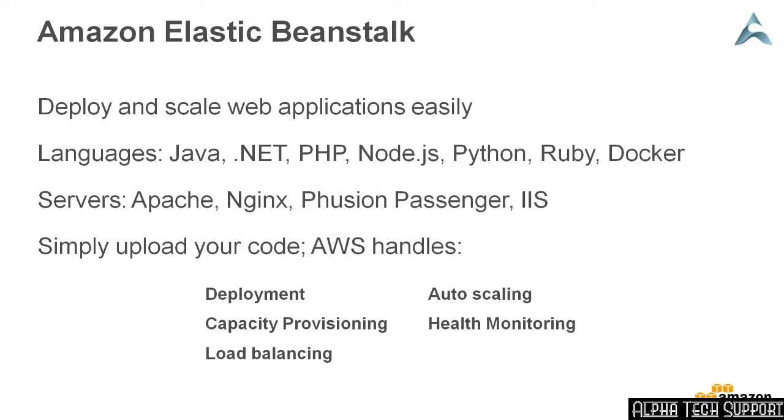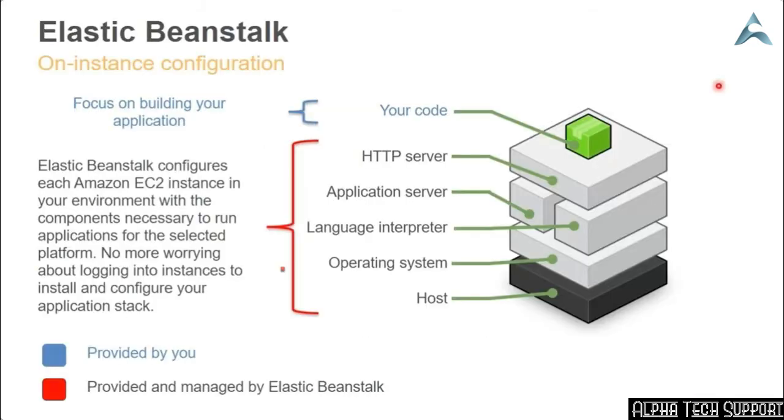So how it is configured: this is a simple architecture of Beanstalk where host, operating system, language interpreter, application server, and HTTP server are managed by Amazon EC2 or AWS. You don't need to focus on these things. You just need to focus on your code and it gets deployed easily, and the rest of the other things are managed by Beanstalk.